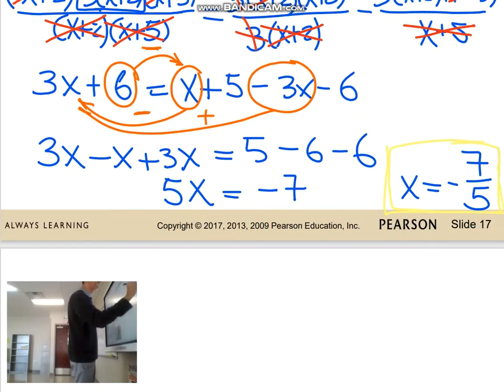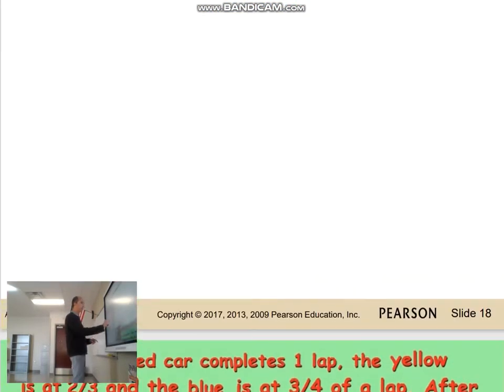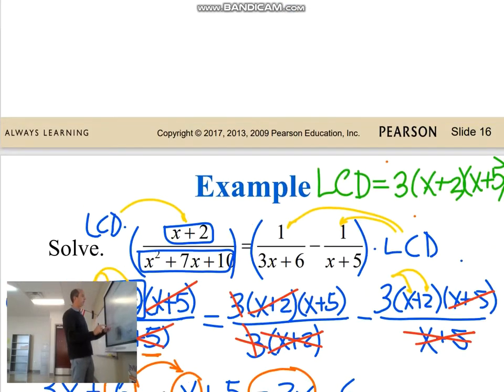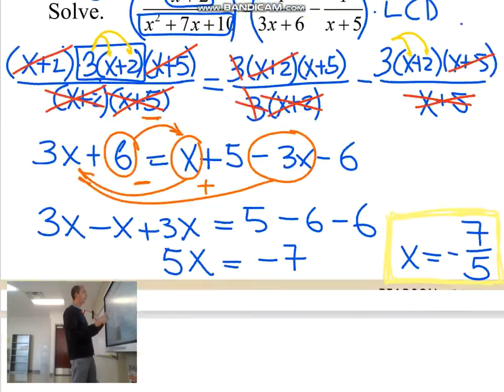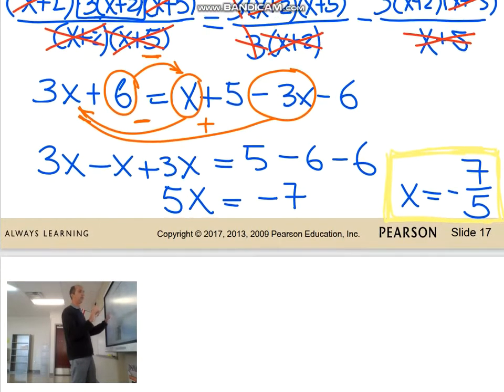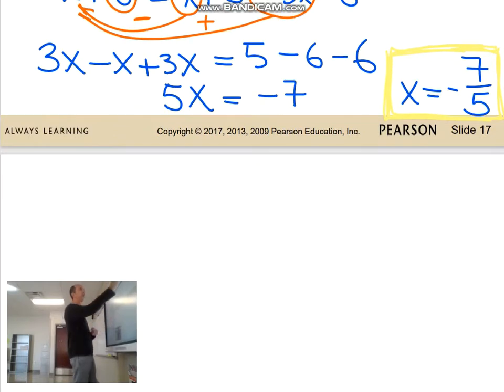Let's check now, see if you didn't make any mistakes. If we didn't make any mistakes, plug into the original equation and find out if it's a true statement. It's going to produce a true statement.